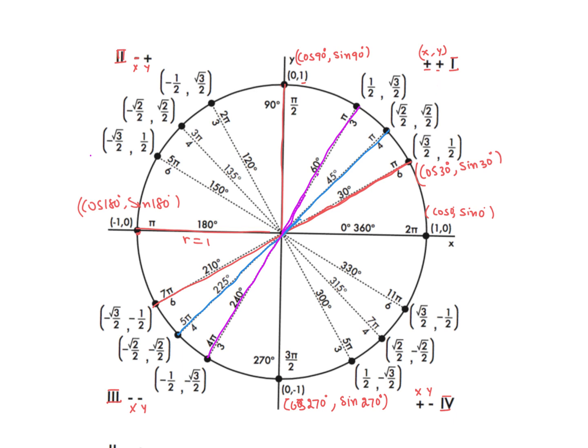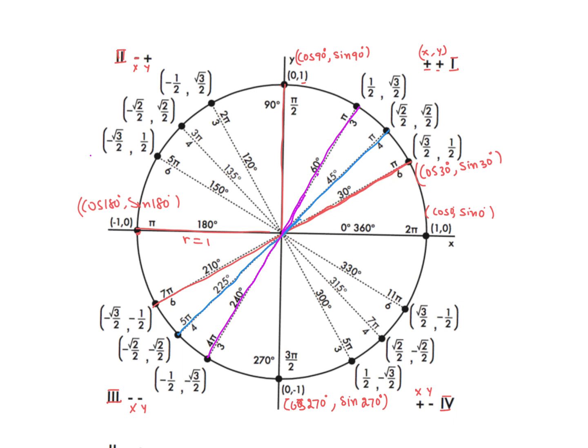Unit circle understanding is not very difficult. All you have to do is remember only one unit or one side. Everything else falls in place automatically. So for example, 210 and 30 are the same.